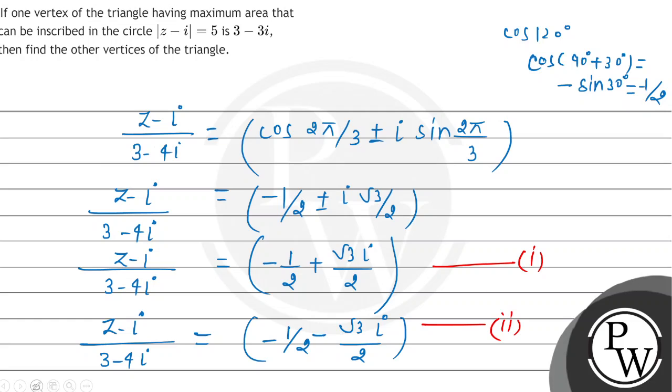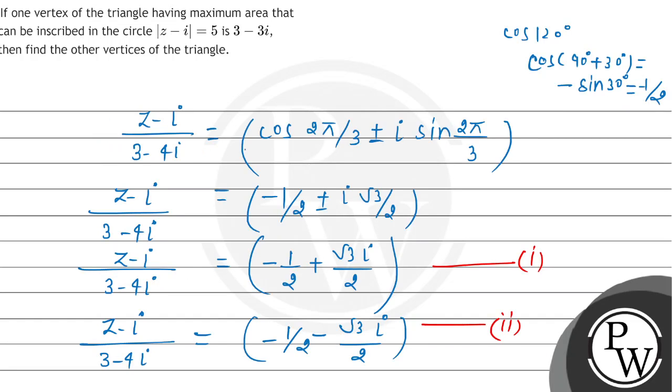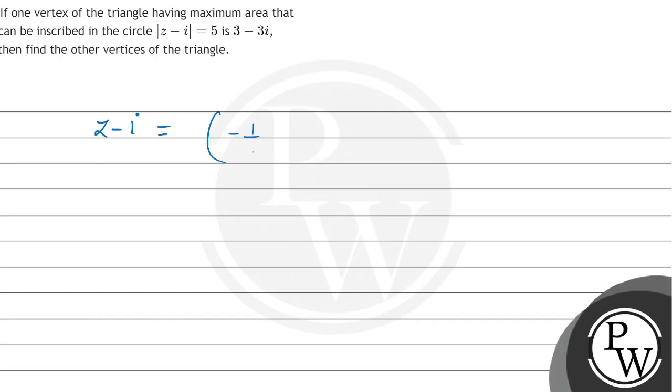Now we'll solve these two equations. Taking equation number 1 first, z - i can be written as (-1/2 + √3 i/2)(3 - 4i).